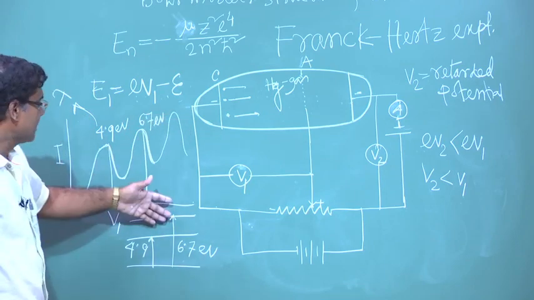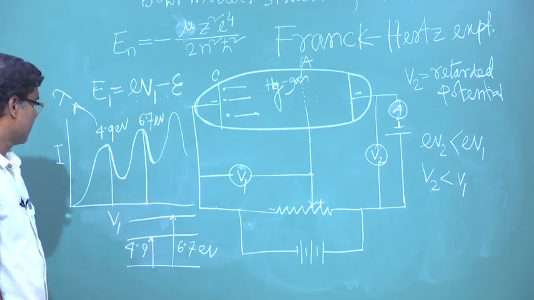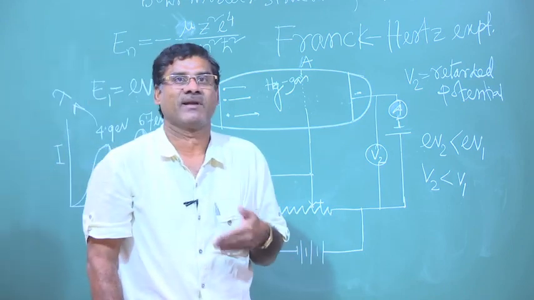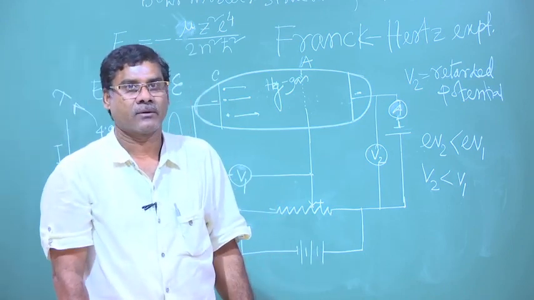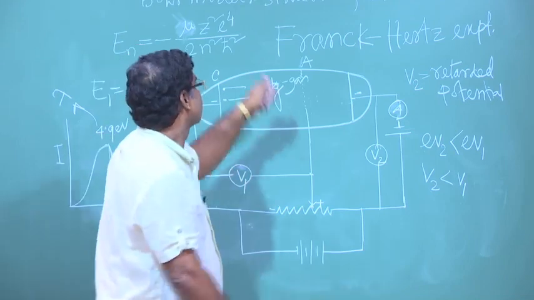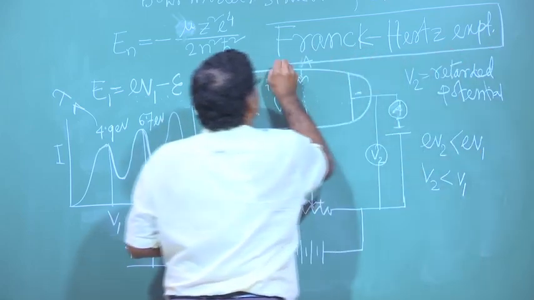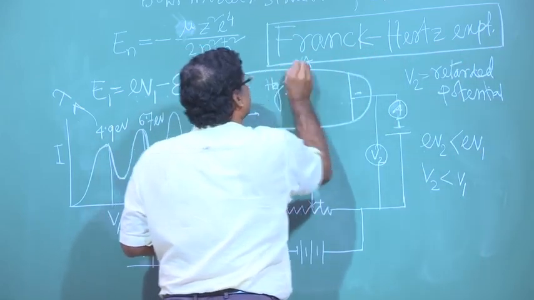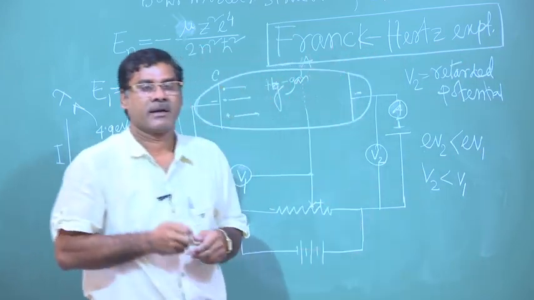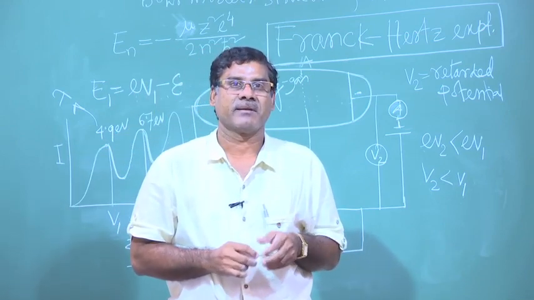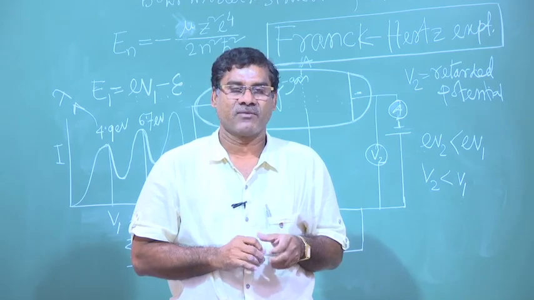This is the direct proof of the existence of discrete energy levels in atoms. The Franck-Hertz experiment is very simple, but it gives the first direct evidence of the discreteness of energy levels in atoms. So, I will stop here. Thank you.